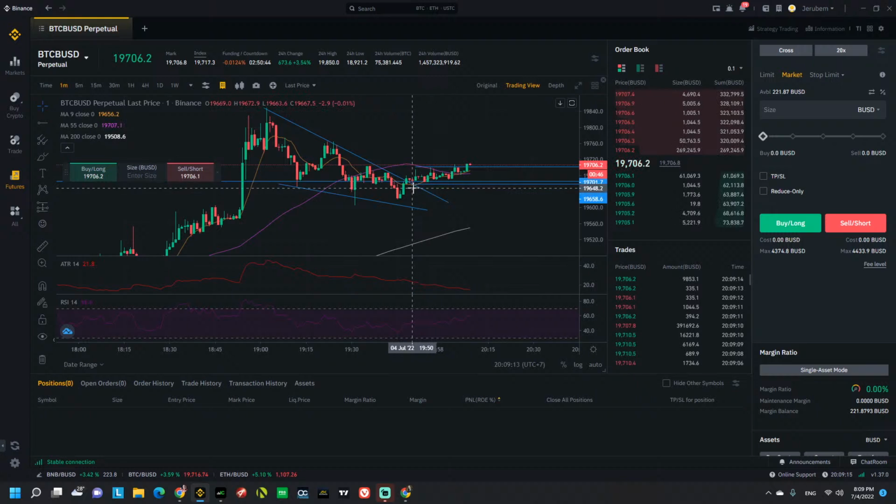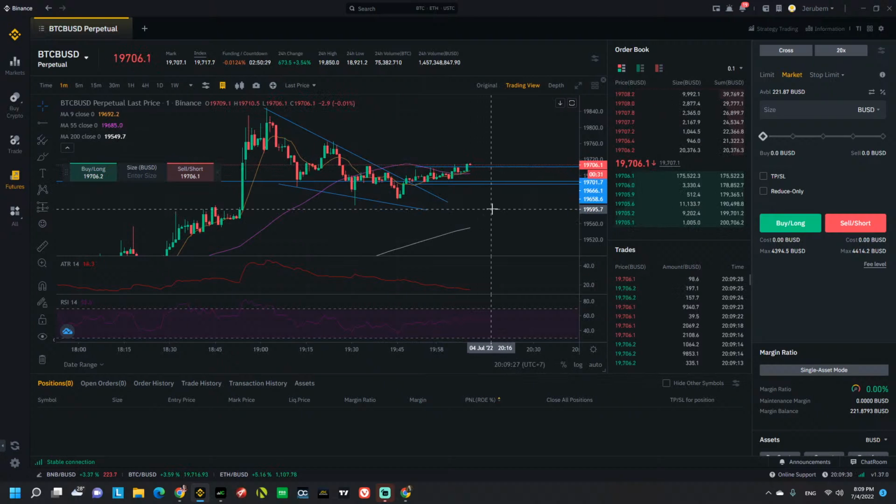Because the price action is going slowly upwards, either it breaks not enough and then goes back down. Let's observe first.